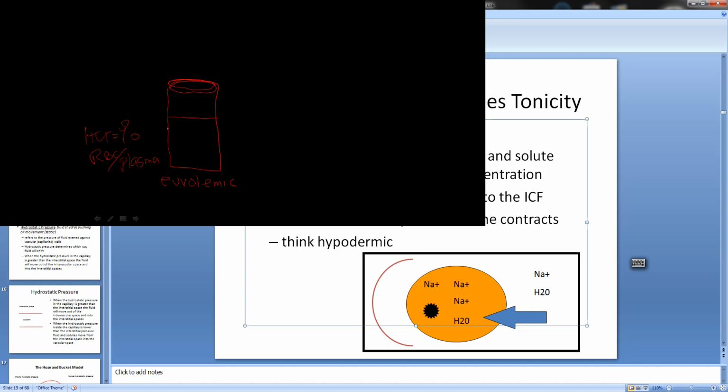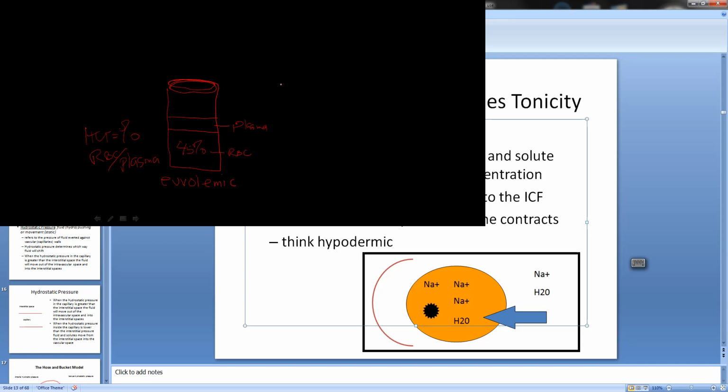So, in a normal person, you would have a relationship that this would be your plasma, and say this would be, in a male, say 45% of your RBCs. Okay, so the plasma contains 45% RBCs in a euvolemic patient.